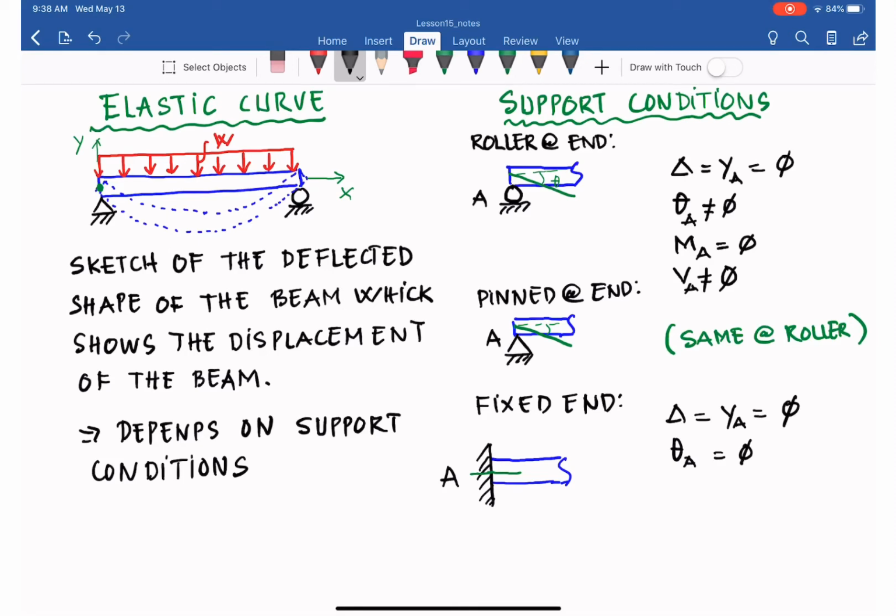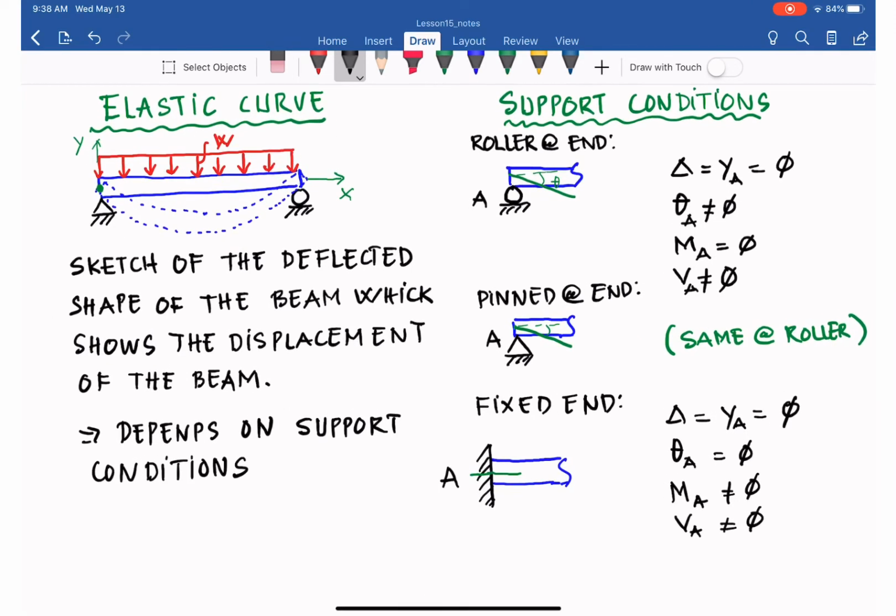So that's different from roller or pin where theta is non-zero, as you can see that. And then of course fixed support we have MA is non-zero, and vertical reaction at A is non-zero.